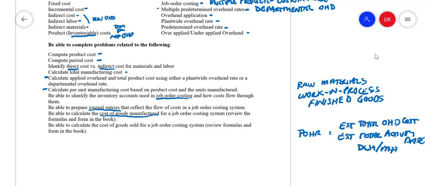Okay, so that would be a good example of one to put up here.